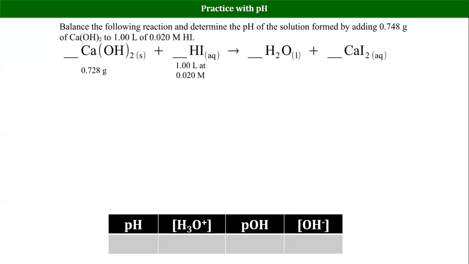So what's going to run out first? We have less than half. It's being used up slower at a 2-to-1 ratio, but we have more than double. So if this is going to run out first, we can say 0.00983 moles of the hydroxide.